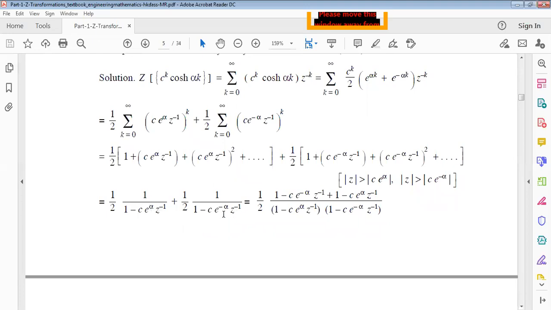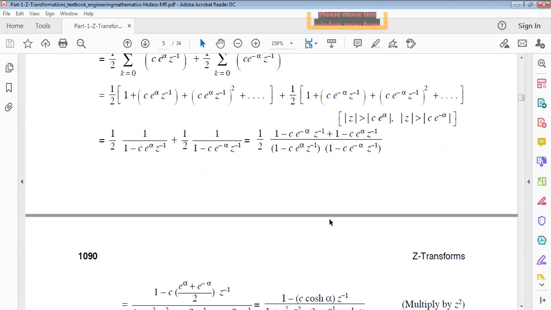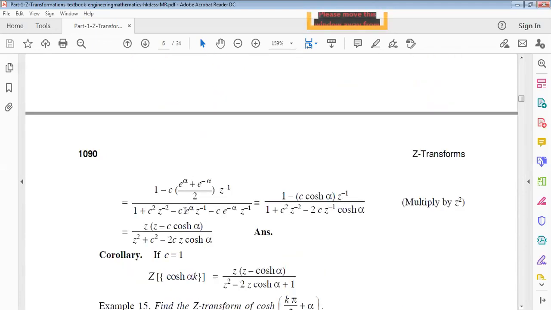So for the second series, this is also the sum of an infinite series, a equals the first term a divided by 1 minus the common ratio for the second series. Now just taking z to the power minus 1, taking LCM, least common multiple, we get this result.